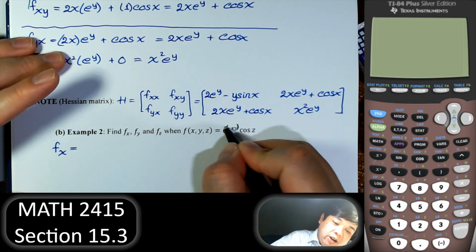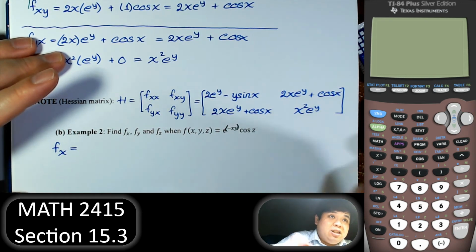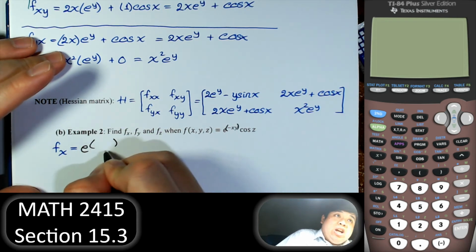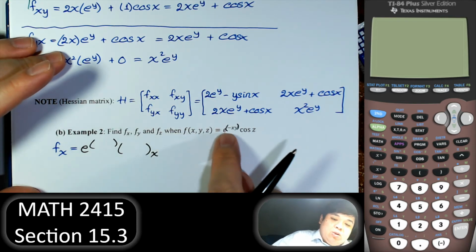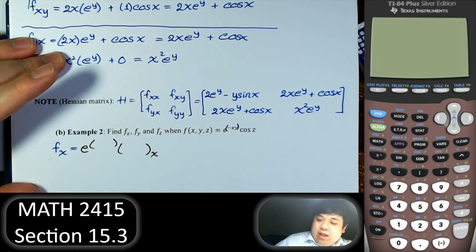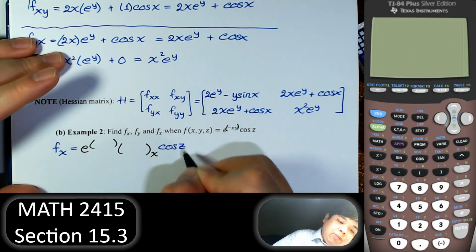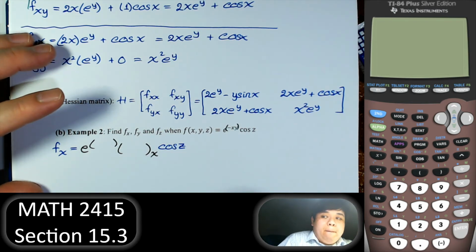So I'm going to take the derivative of this with respect to x because that is a function that has x in it. So derivative with respect to x, exponential is going to be that, and derivative with respect to x of the exponent. And then the cosine of z, that is constant. If we have a plus cosine z, that will be 0.